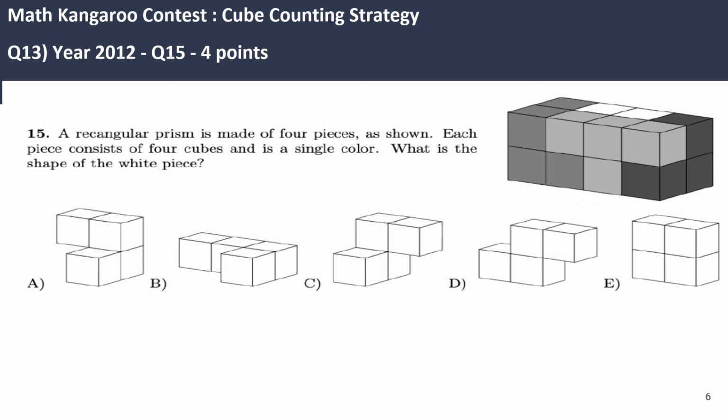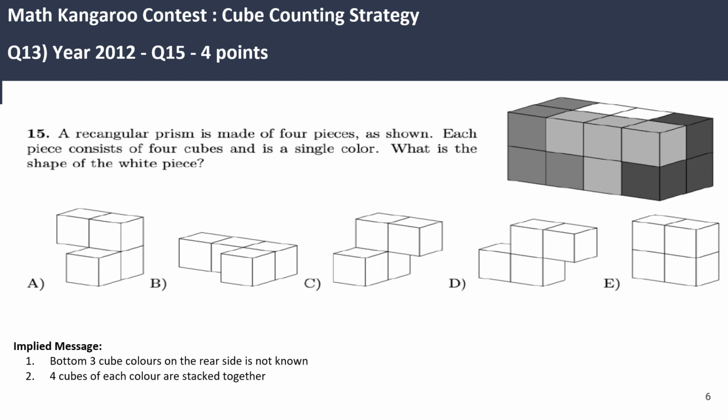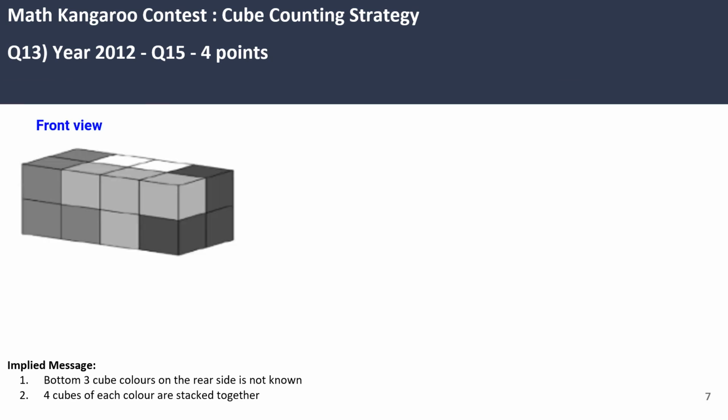So using this understanding, let's see if we can go ahead and solve this problem. This is the front view of the cube which we have, and we have to check what could be the color of the white cubes. What would be the possible shape of the white color cubes? Now, in the front view, we do not see any white color cube.